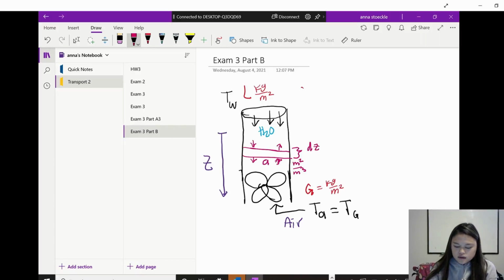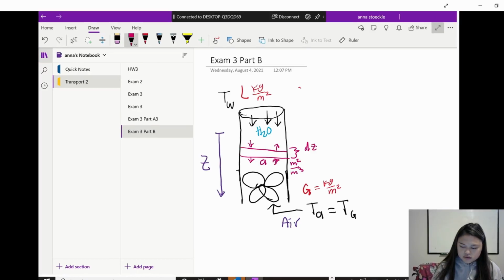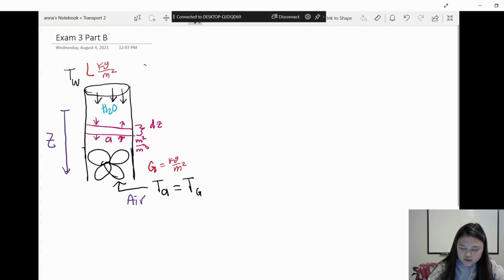What we're looking at here is how the mole fraction of the water vapor changes as it crosses through this section, this region. So we can look at an equation.